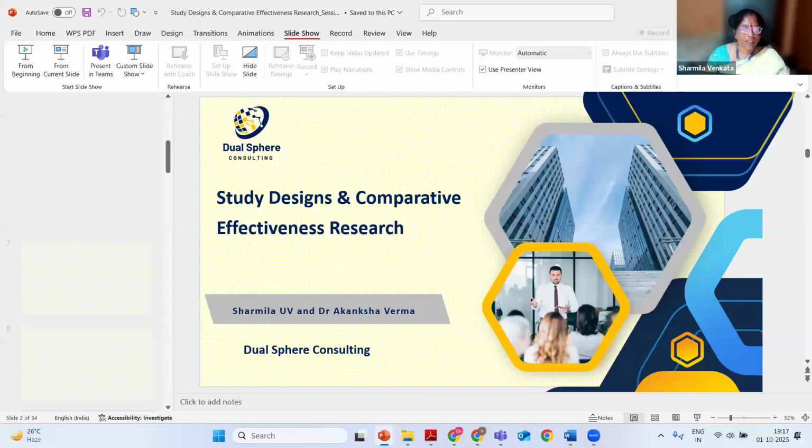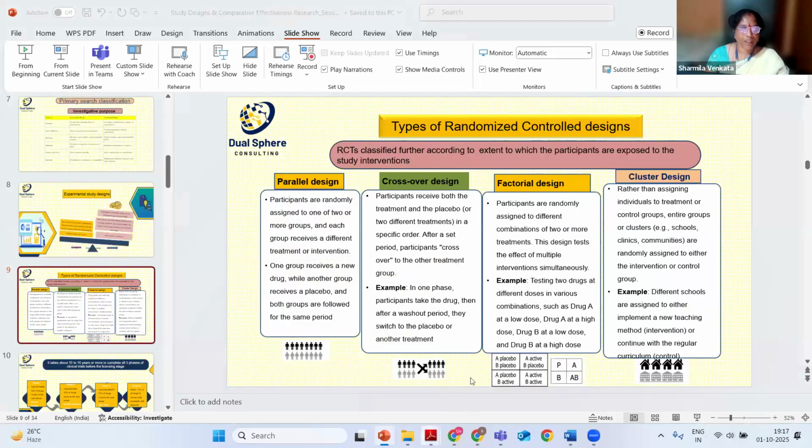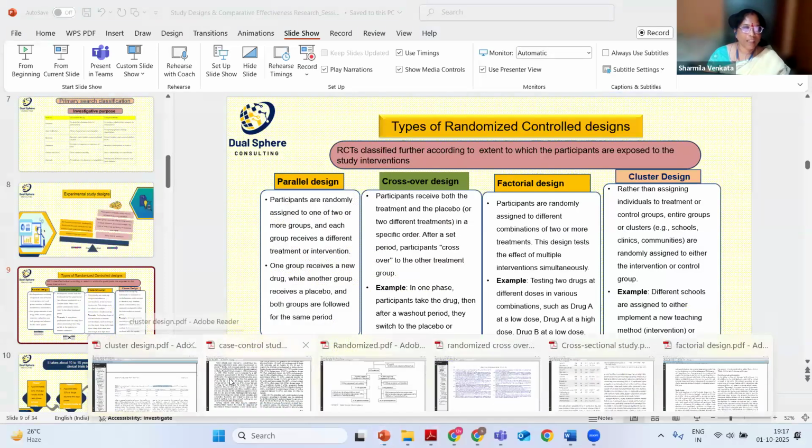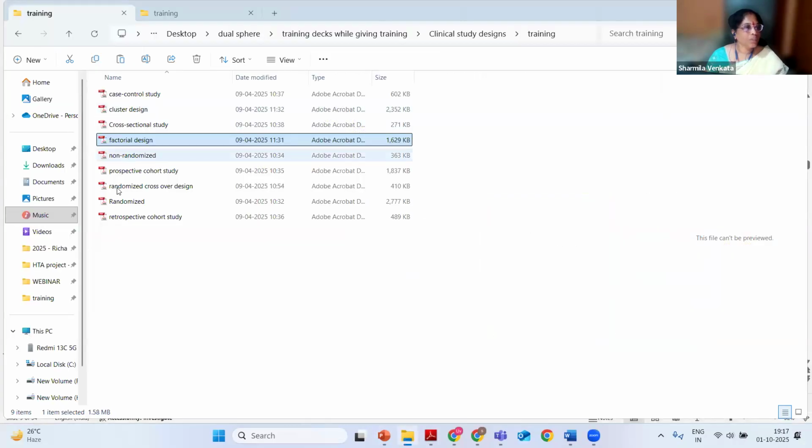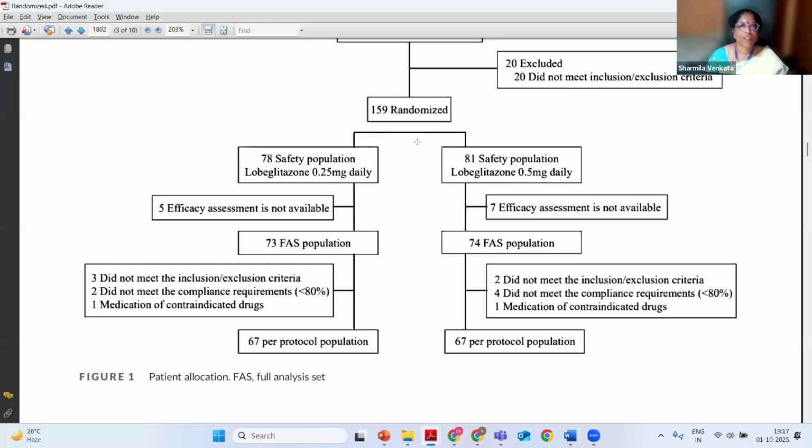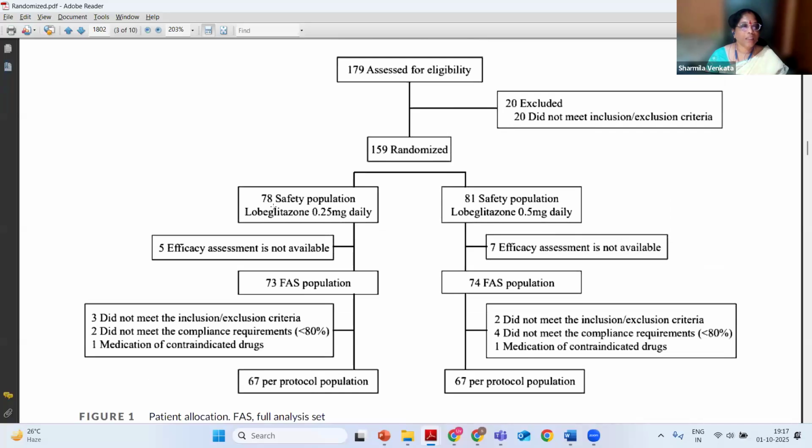Here I am just showing the paper. It is randomized in parallel, two groups assigned in parallel, with 78 in one group and 81 in the other. This is the parallel design.